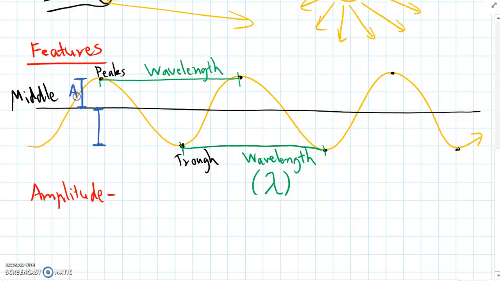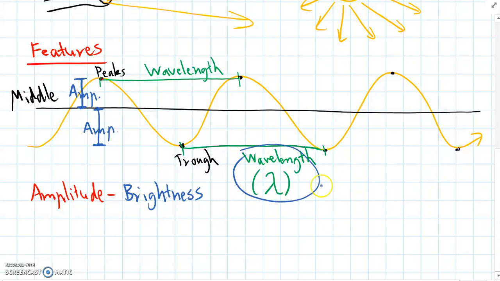Both of these are the same distance. Amplitude. And the amplitude of a light wave tells us the brightness. How bright is that light wave that we can see? And the wavelength determines what color is that light.